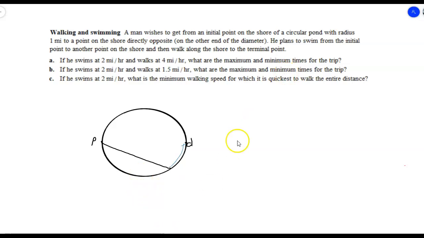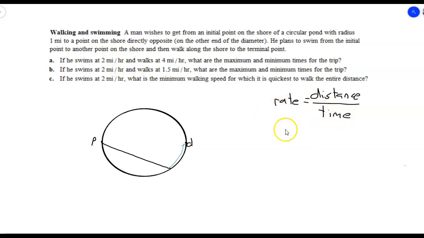All right, so let's talk a little bit about this. They're giving us the rate of speed here, swimming at 2 miles per hour and walking at 4 miles per hour. So the rate is going to be equal to the miles, which is the distance, all over the hour, which is the time.